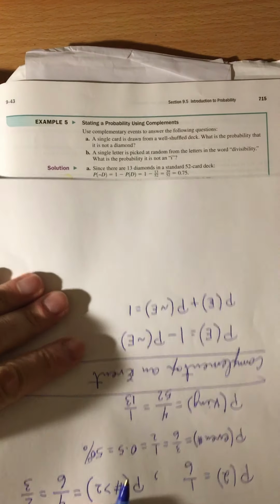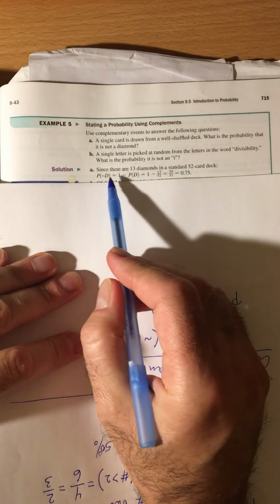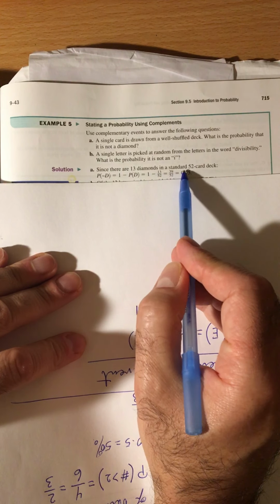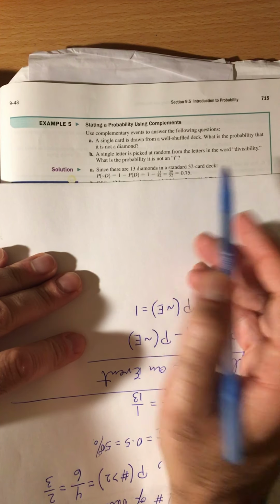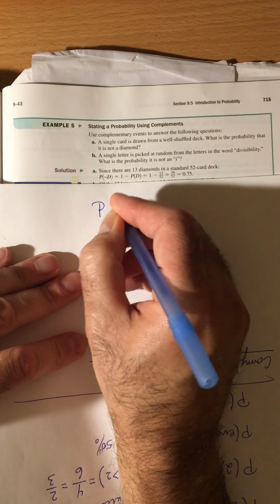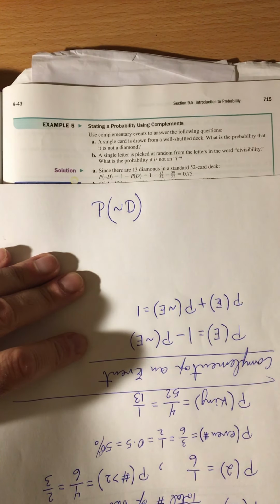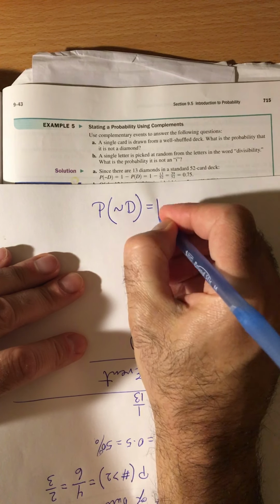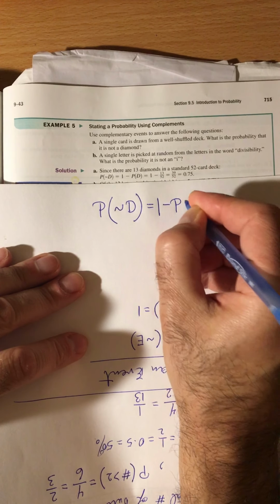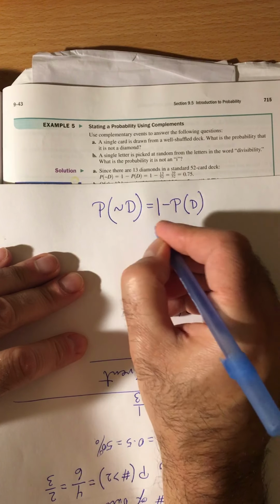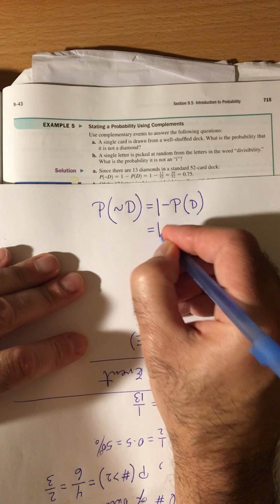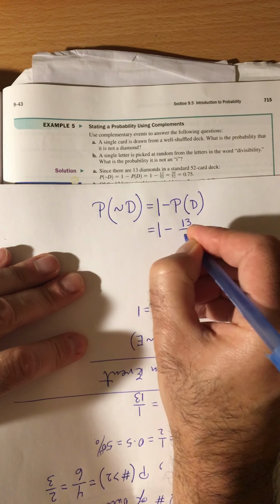So look at what they wrote. It says, since there are 13 diamonds in a standard deck of cards, the probability of the complement of having a diamond, which means not having a diamond, is 1 minus the probability of having a diamond. What's the probability of drawing a diamond? That's 13 out of 52.